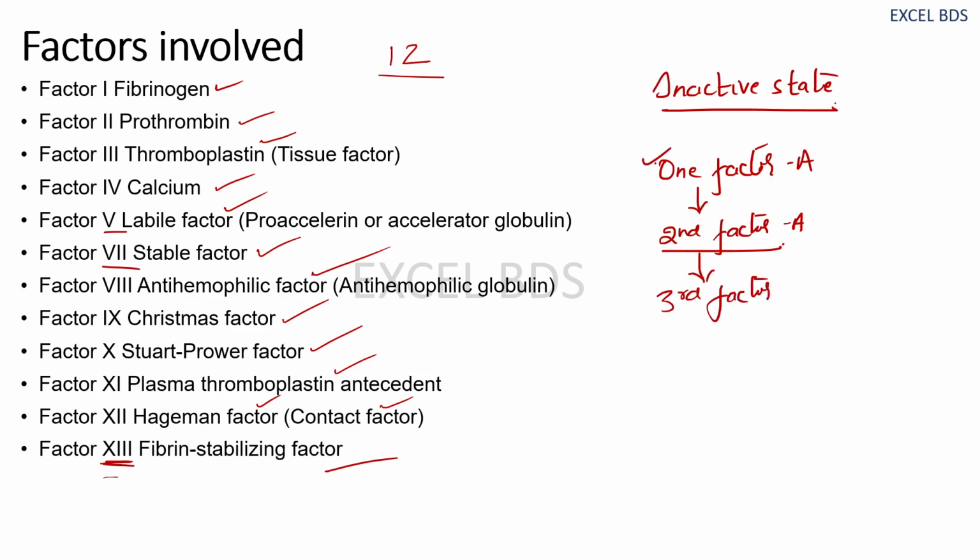One factor becomes active and helps in the activation of the second factor. The second factor is active and helps in the activation of the third factor. This process of activation, occurring one after another, continues till there is formation of a clot.